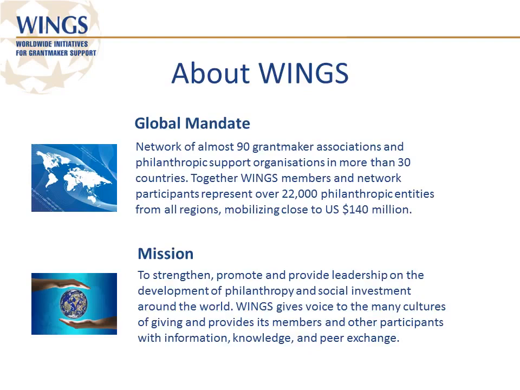We are an association of almost 90 associations and support organizations around the world. We're kind of the umbrella of the umbrella organizations. We're in over 30 countries right now, in every region of the world. Our focus is on strengthening philanthropy through knowledge and information exchange, and also bringing together different actors in the field. And we're constantly looking for new ways to help philanthropy develop and grow.